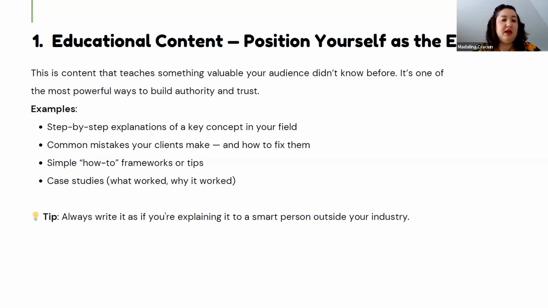As examples: a step-by-step explanation of a key concept in your field, common mistakes your clients make and how to fix them, simple how-to frameworks or tips, or case studies, what worked and why it worked. As a tip, always write it as if you are explaining it to a smart person outside your industry.